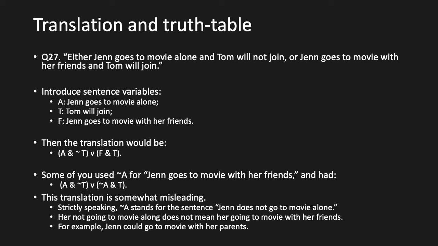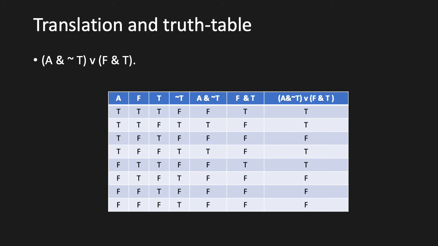All right. And you can draw the truth table for this formula as you have here. I won't go through all the details. Oh, by the way, some of you didn't include the middle steps, such as the column for not T, the column for A and not T, the column for F and T, but only gave the final column.